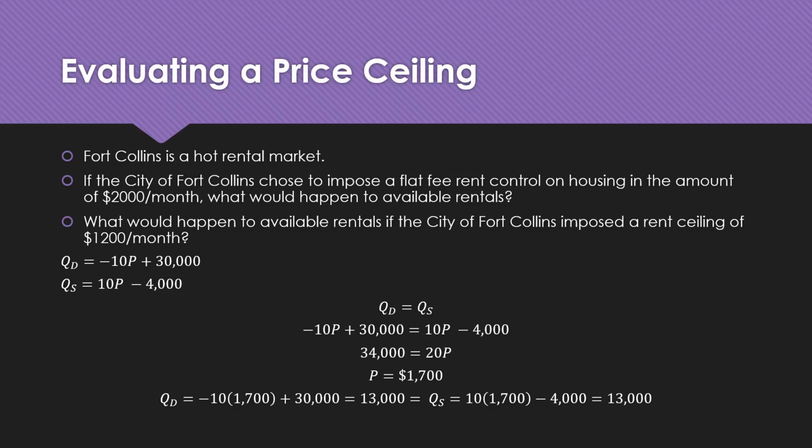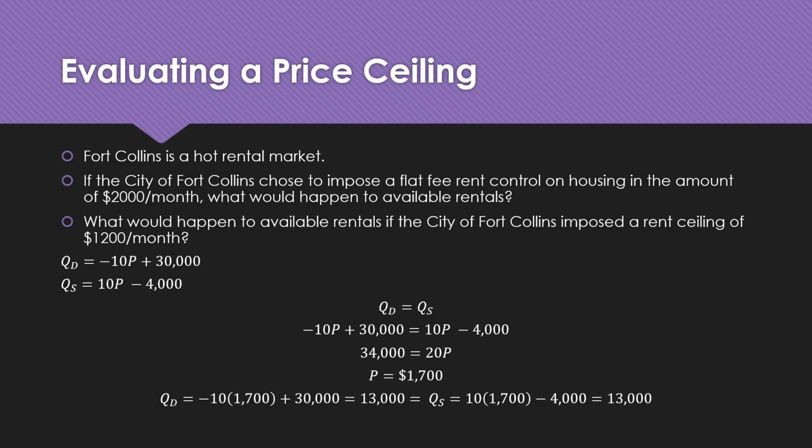Nothing really happens. However, if the government implements a rent control that is below market equilibrium, then that will prevent us from reaching equilibrium, and there will be a loss in economic surplus and a loss in quantity of homes supplied and apartments supplied.